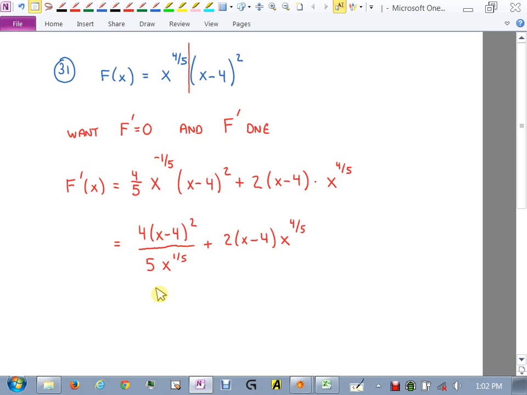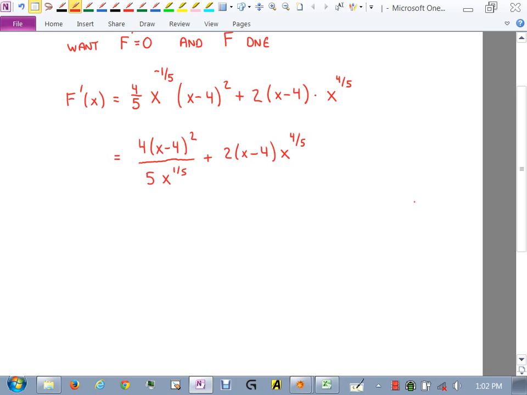Now the reason I'm doing this is because I need to set this equal to 0. I have 2 terms, and if I want to set something equal to 0, I'll try and put them together as one fraction, so I'll get a common denominator. But I'm going to say that that's my derivative now, and I'm going to set this thing equal to 0. So here we go.